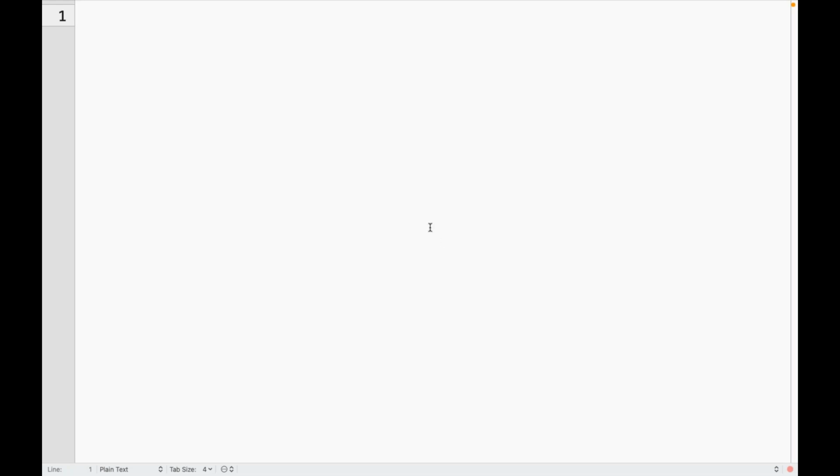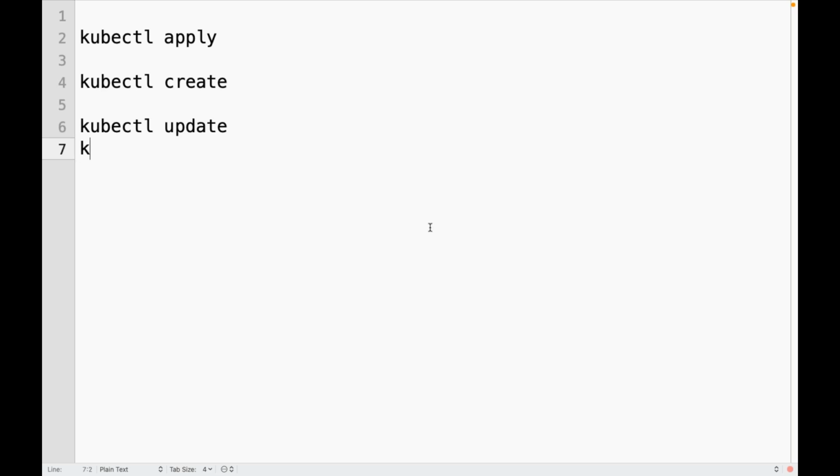Before I start, let me ask one question. We have these commands: kubectl apply, kubectl create, kubectl update, kubectl delete, right?